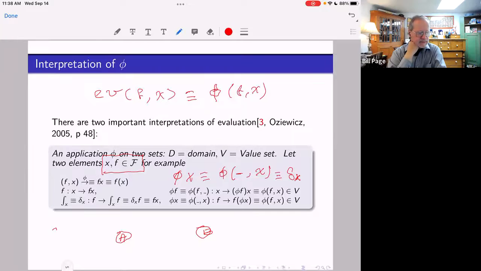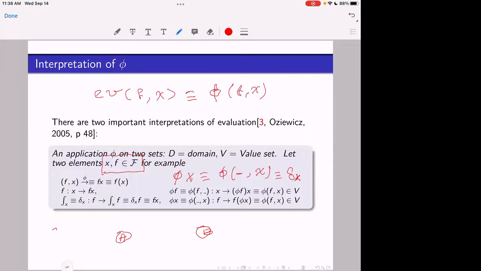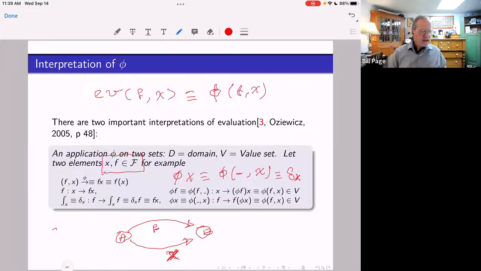But here we have morphisms, and these morphisms can be F or can be X, for example. Those are morphisms between these two objects that we have here. And in this way, X is a morphism, not an element of the domain.